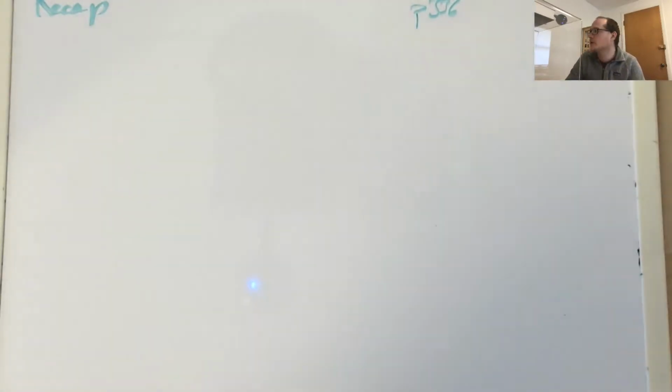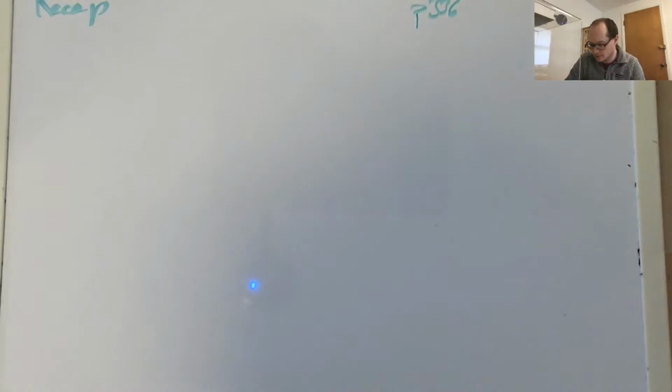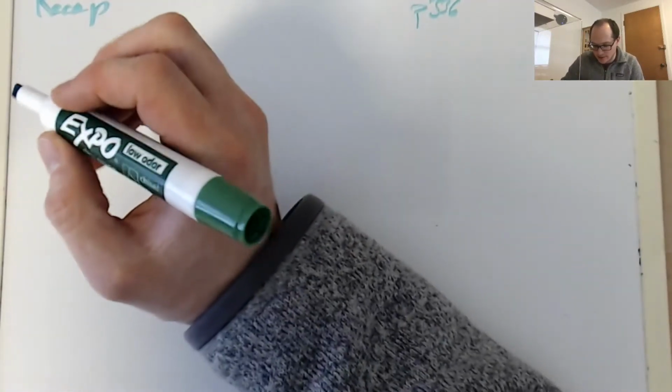What we did is we looked at the Hartree-Fock solution of the uniform electron gas, and we computed the correlation energy in that approximation.